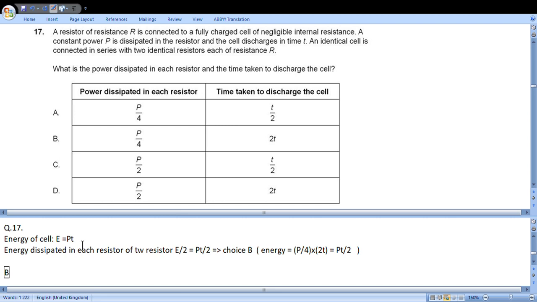In the second case, this energy is dissipated equally in two resistors in series, so in each resistor the energy will be Pt over 2. By trying to find the energy dissipated in each resistor, multiplying power by time, we look for where it is Pt over 2, and it appears to be only in B, so we choose B.